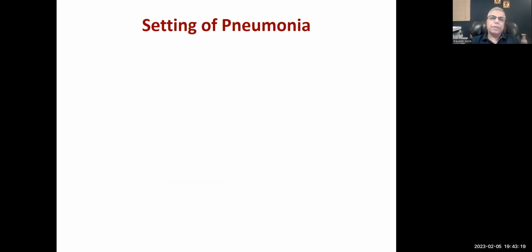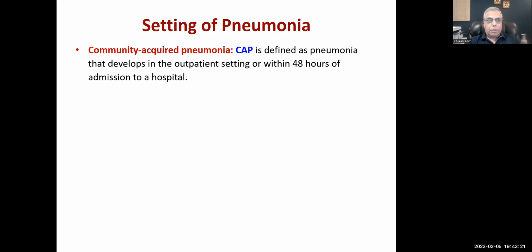So community acquired pneumonia is defined as pneumonia that develops in the outpatient setting or within 48 hours of admission to a hospital, right? Let us suppose many times the patients go to the hospital with respiratory complaints or cough, sputum, and then you do an X-ray and diagnose pneumonia, which means that when the patient came to the hospital, he already had pneumonia.